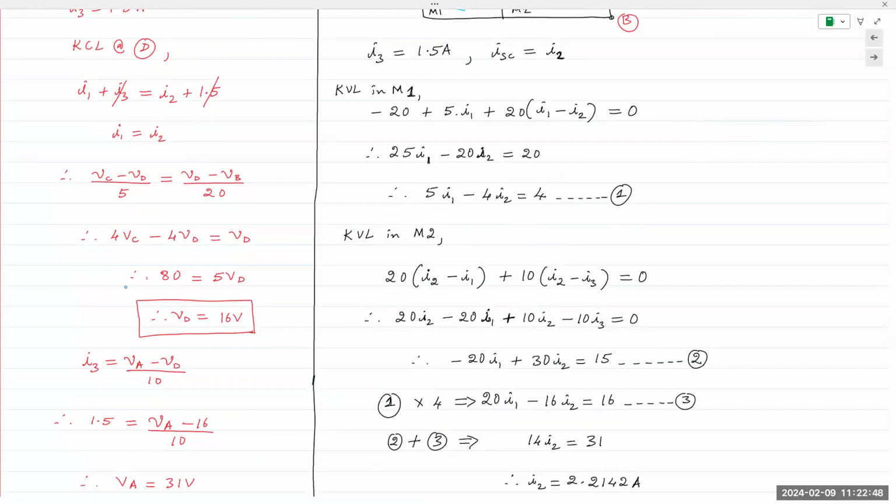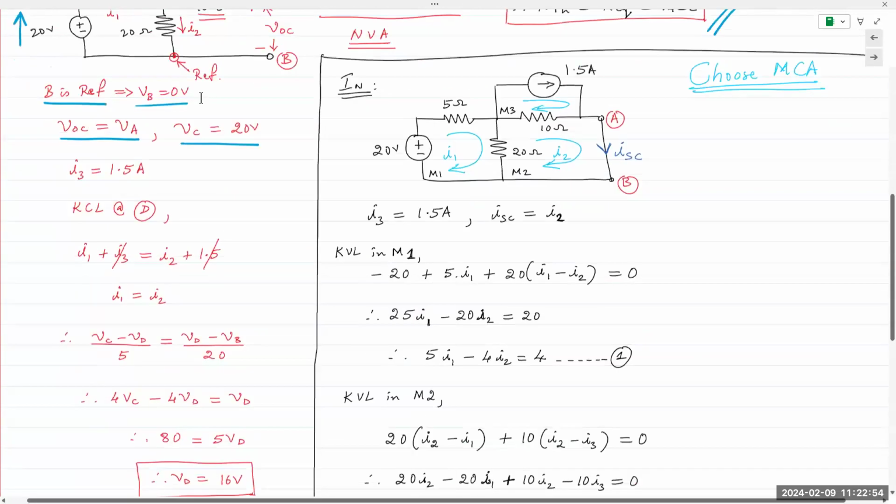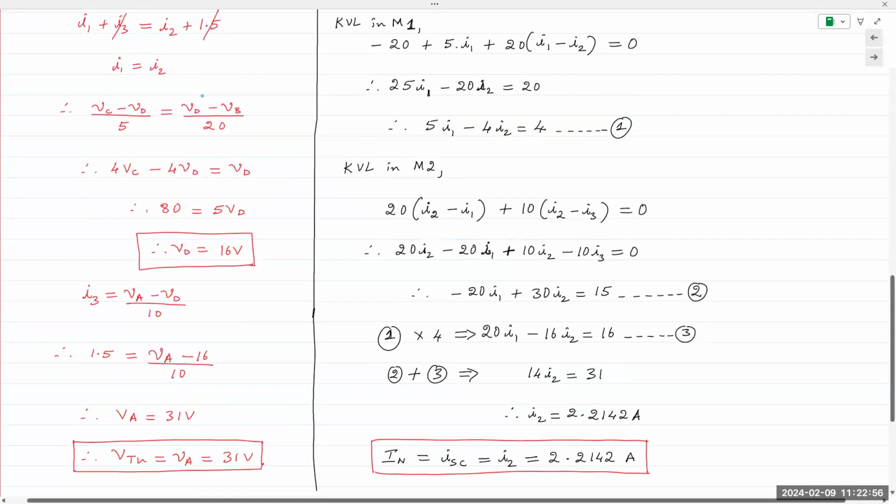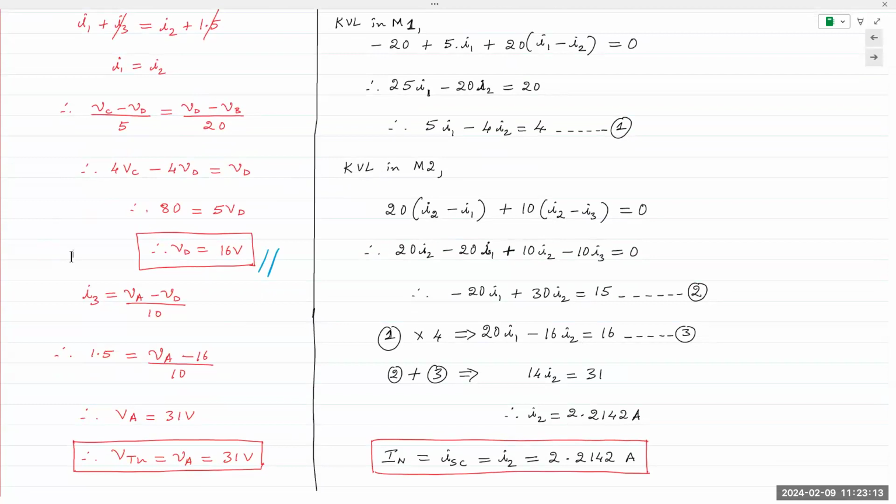I end up with 4VC minus 4VD equals VD, and that gives me VD equal to 16 volts. Remember, VC already has a value of 20 volts because B is a reference node. So you solve that, you obtain the voltage at node D as 16 volts.